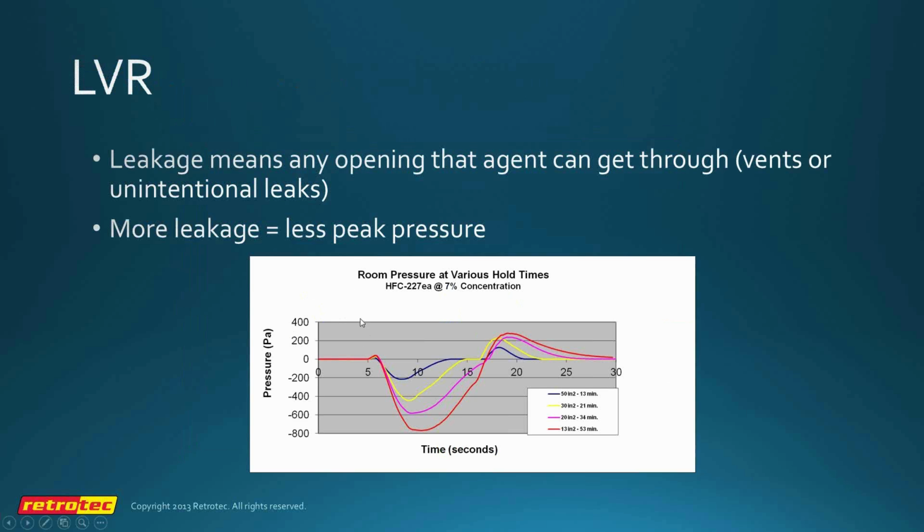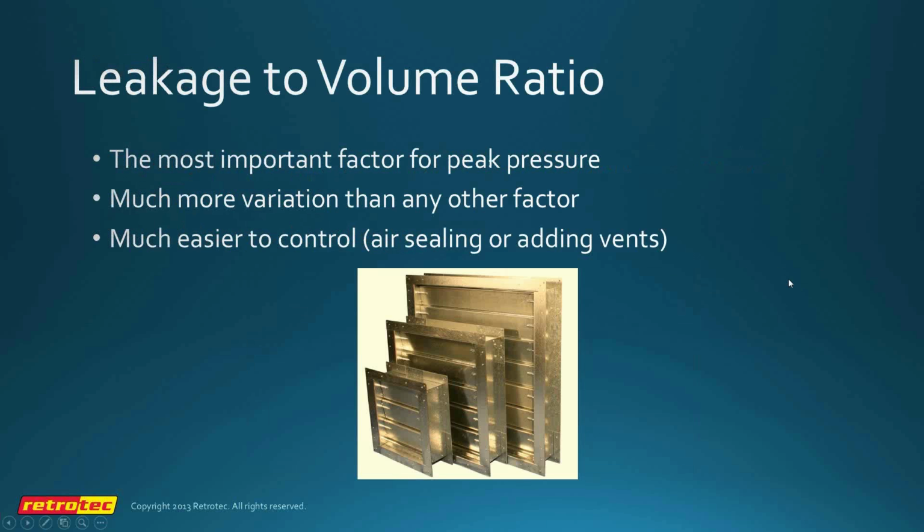So in the case of whether it's inert or halocarbon, the size of the negative and positive spike is directly determined by the leakage in the enclosure, or the enclosure plus vents, depending on what we're counting. And we wind up with a leak to volume ratio.